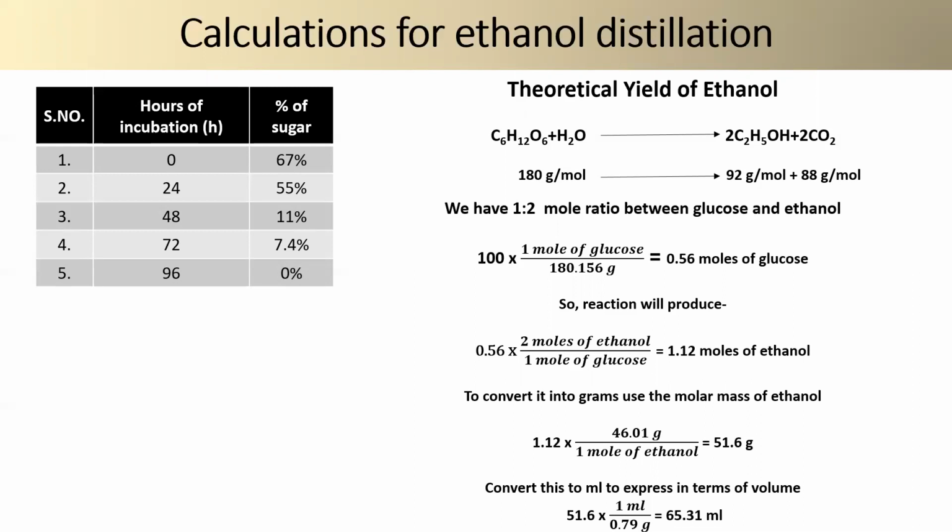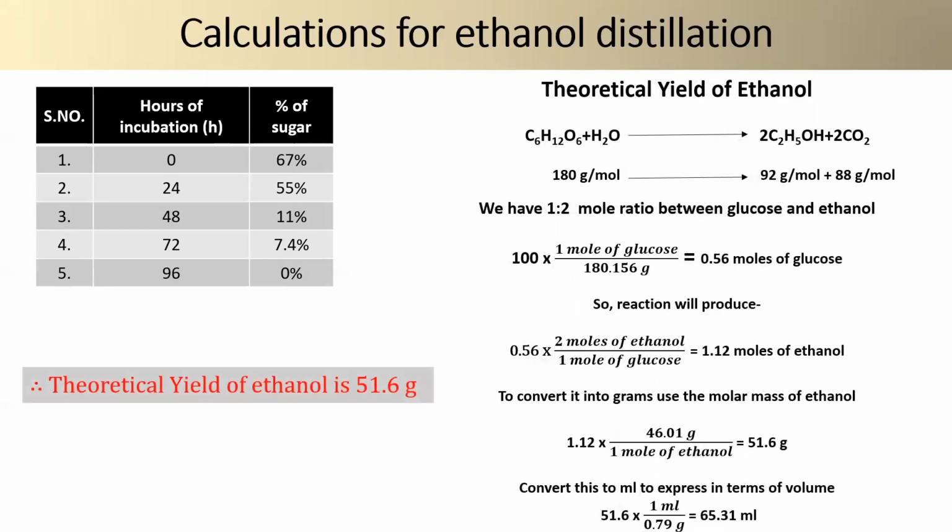So pure 100% ethanol is 65.31 ml. So here our theoretical yield of ethanol comes out as 51.6 grams. I hope all of you have understood how we carried out this practical of distillation of ethanol and how we did the calculations for the same.